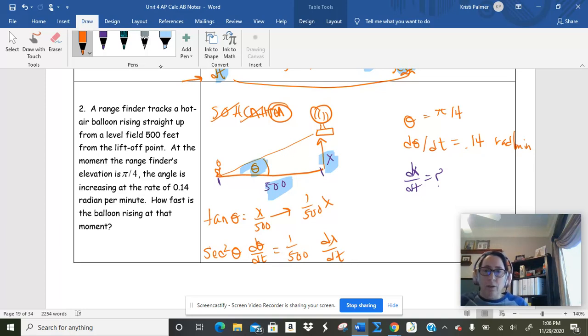Okay, so they had told me that theta is pi over 4, so I'm going to go ahead and plug that in. They told me that d theta/dt is 0.14, and I want to find dx/dt.